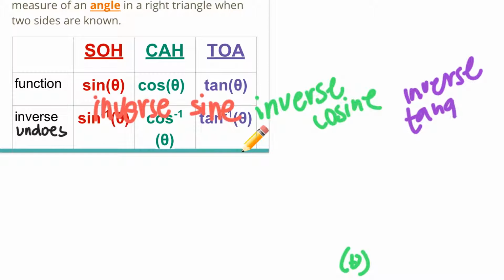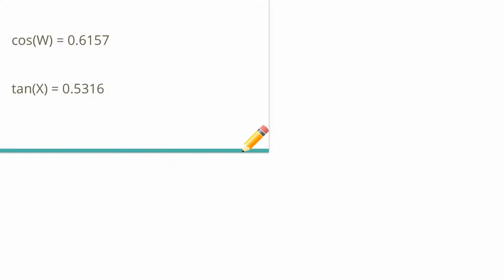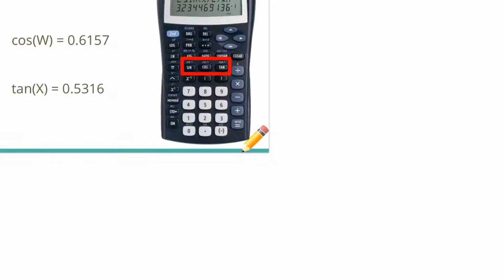Now copy this table down too. This is very important. I'm going to keep it in the small whiteboard table on the right side of the room, but you always want this in your notes. So let's put this into action. I have sine of v, cosine of w, and tangent of x. If you look at your calculators, you have sine, and then right there you have inverse sine.